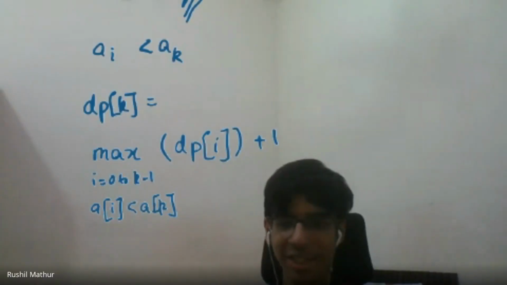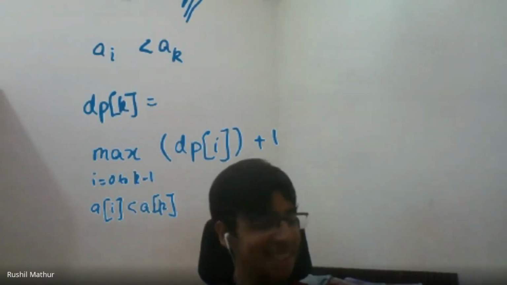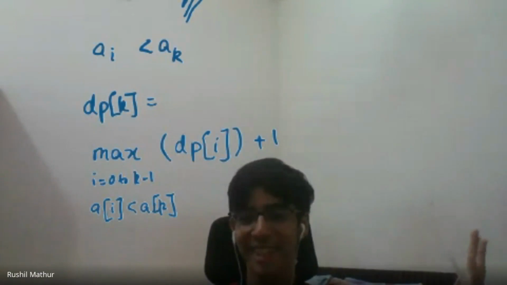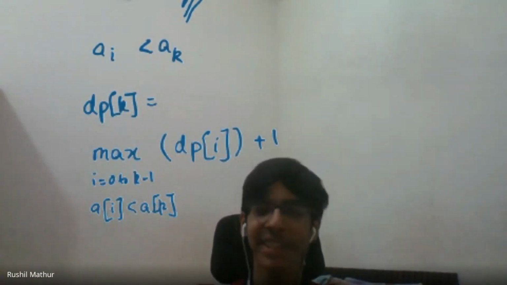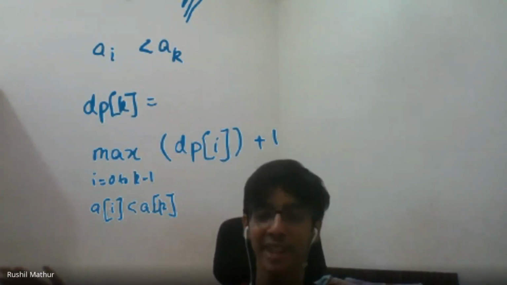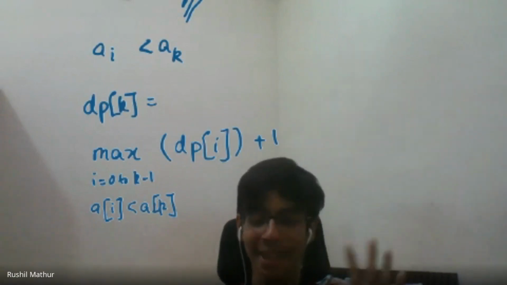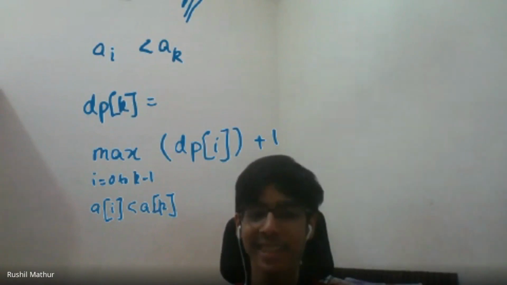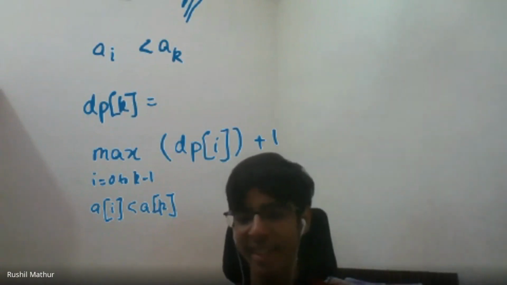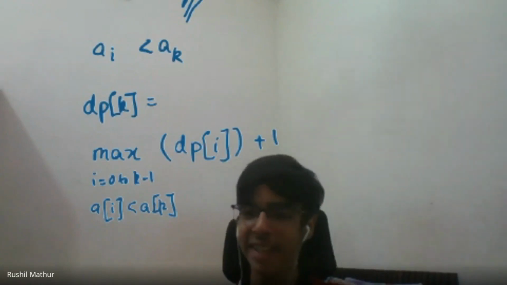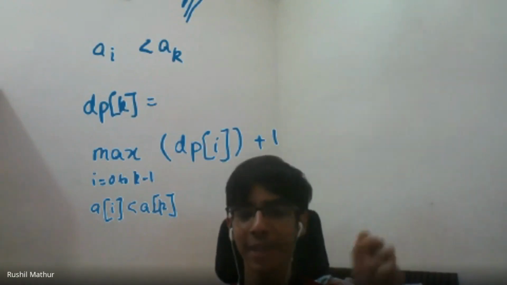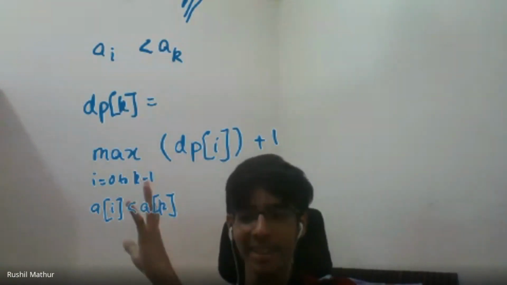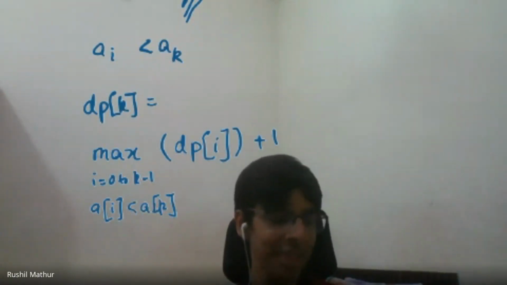Maybe no. Yeah, it can be any of them. Exactly. It is just the max out of all of them. The subsequence ends somewhere. It could even end on the first one. It won't end on the first one most probably, but it could, if the entire thing is decreasing, then all of them are one. It could end anywhere, and you just take the max out of dp0 to dpn, and that is your answer.